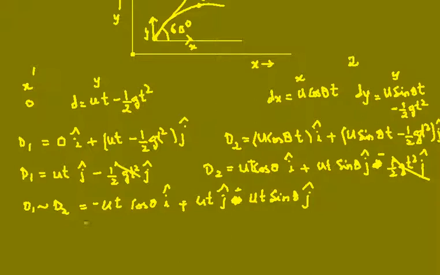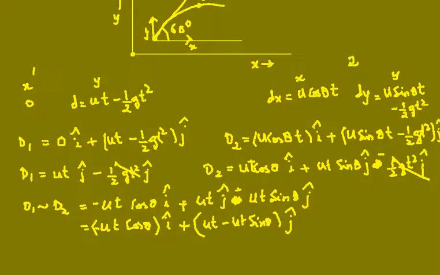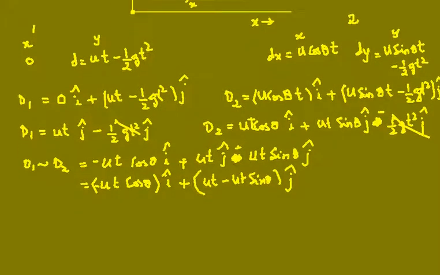So in terms of individual vector components: ut cos theta minus ut cos theta into i cap plus ut minus ut sin theta into j cap. This is how we get the vector for which the distance is to be calculated.